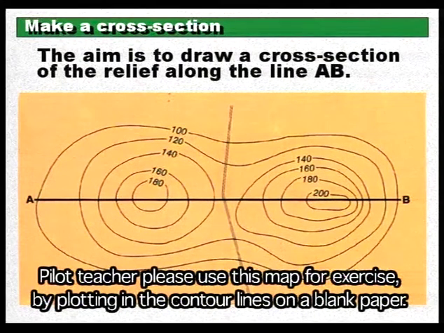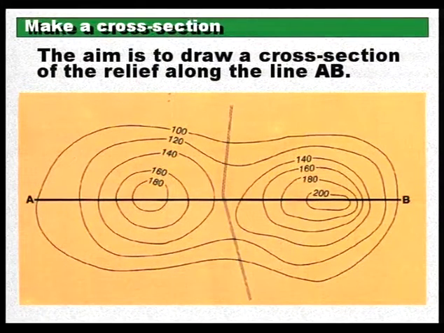You slide the piece of paper along the vertical axis, keeping A always where the vertical axis is. And you check the heights of each of those contour lines on your piece of paper. And you plot accurately where they come in using a dot.